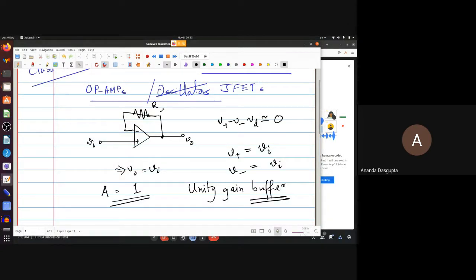So instead of shorting the output to the negative input, if you had put a resistance in between, would that have made a difference? So I think no, because no current flows through that branch.